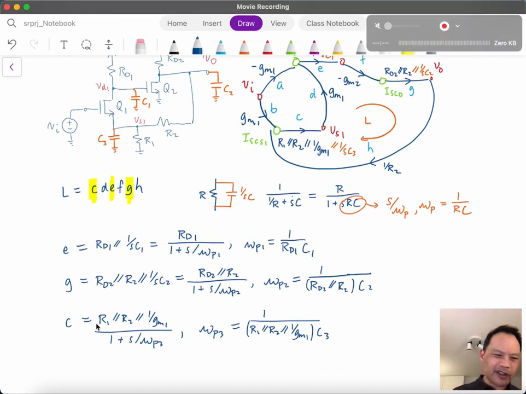And unfortunately, this letter is C from the signal flow graph, not C, the capacitor.